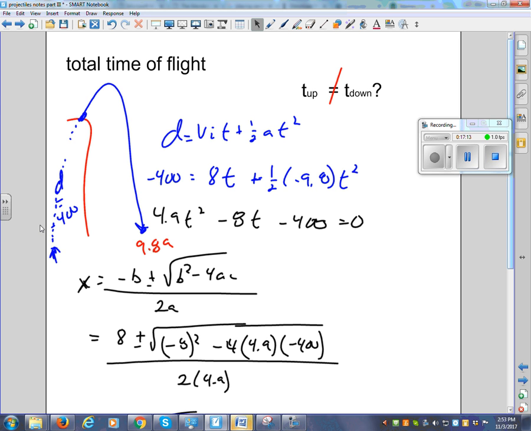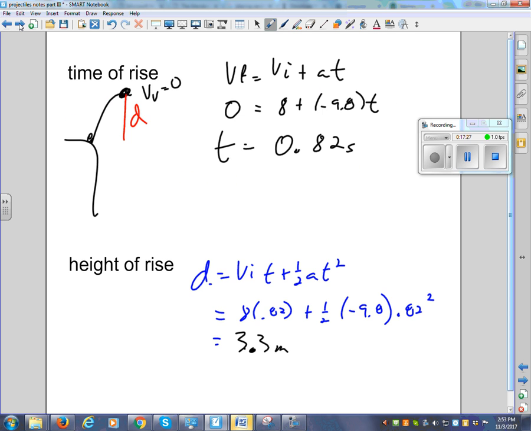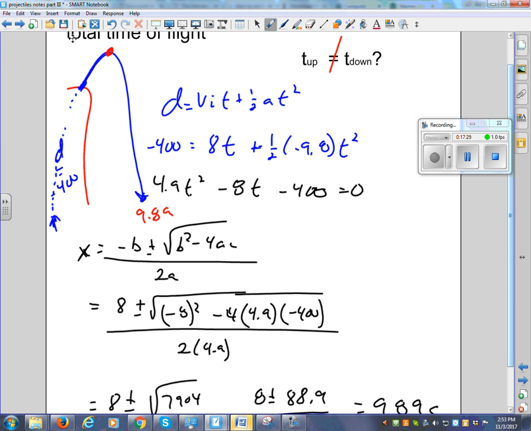The other way is to do this. We've already figured out the time, or the distance up. How much was it, like 3.3 meters? So could we just figure out the time it takes to fall 403.3, and take that time and add it on?